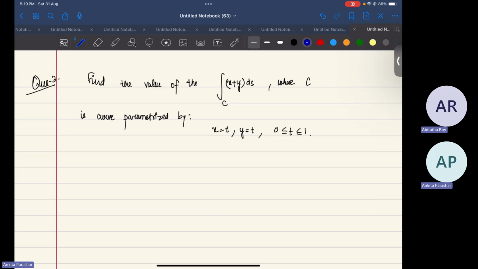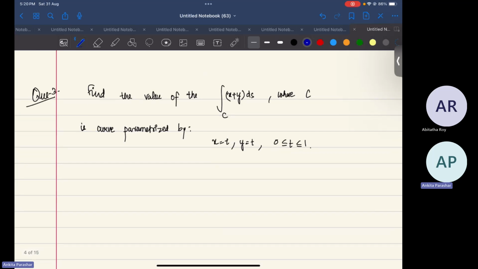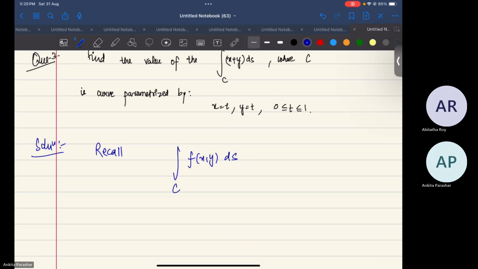Right, so we are integrating all over the area. So, before writing any solution, I'll just recall. Suppose you have any f dx and you have ds, and you want to integrate over a curve. It's a line integral, as you said.